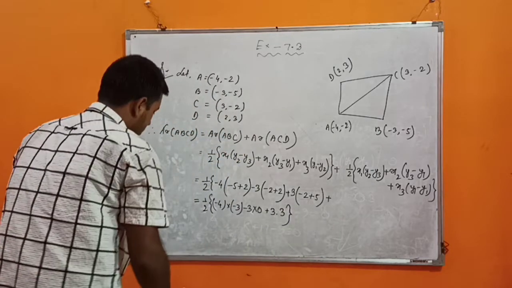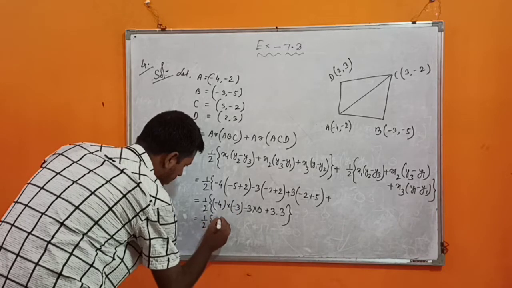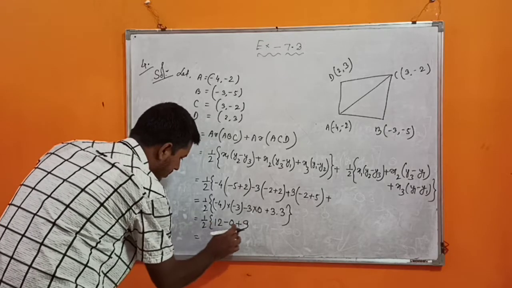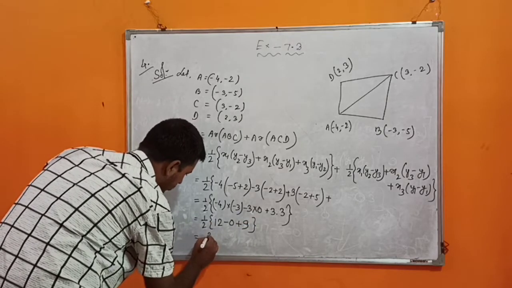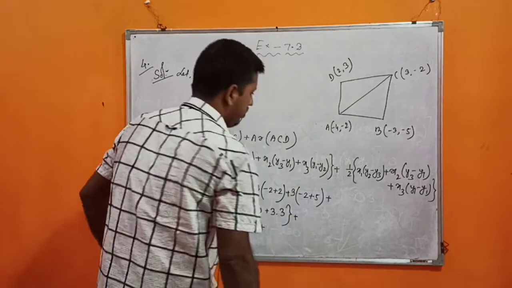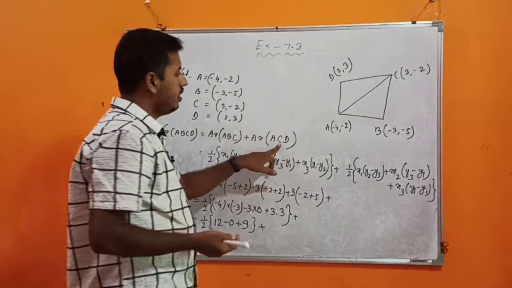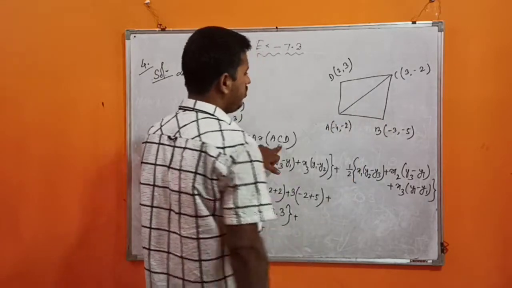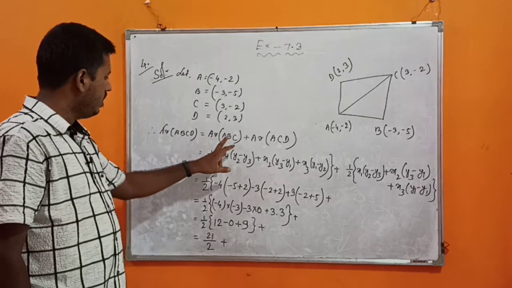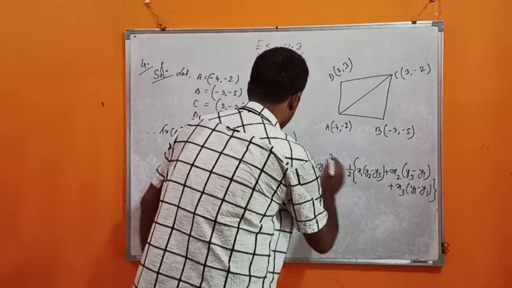Now half of -4 into -3 is 12, minus 0 plus 9, that is 12 plus 9 is 21, so 21 by 2. Now we move to find the area of triangle ACD. As we have divided this quadrilateral into two triangles, and we have already simplified the area of triangle ABC and got 21 by 2.